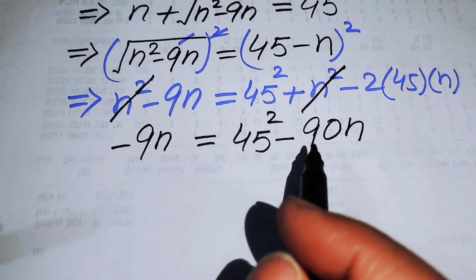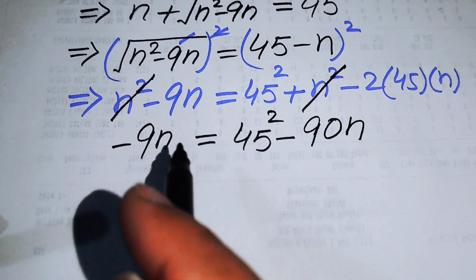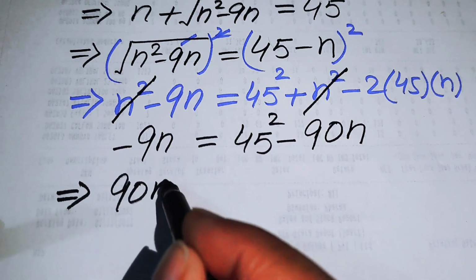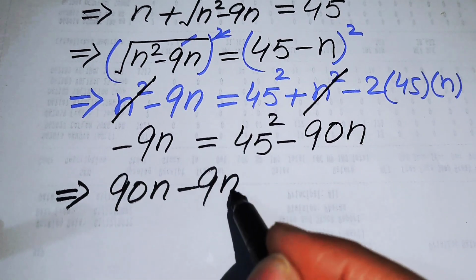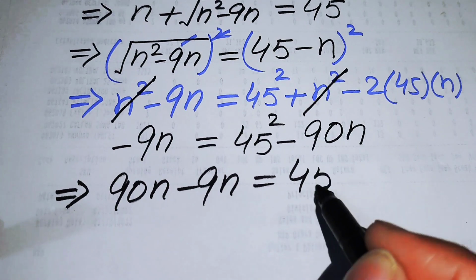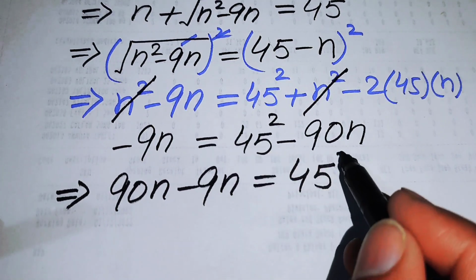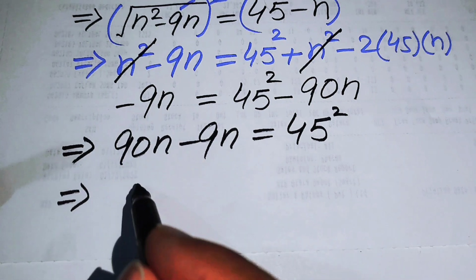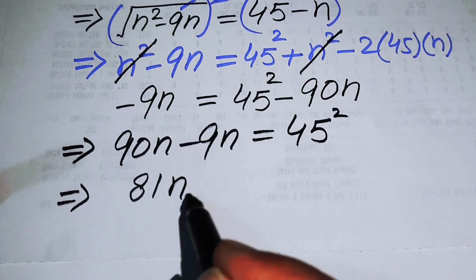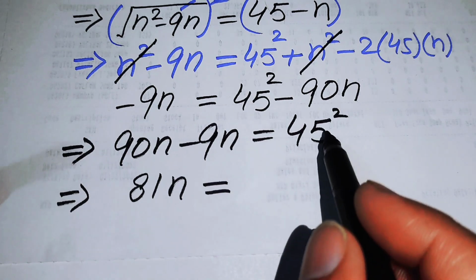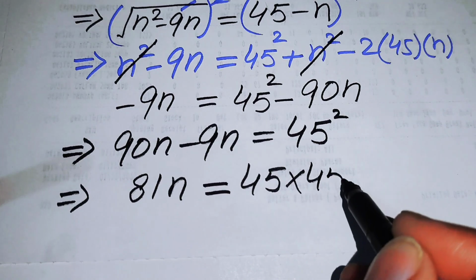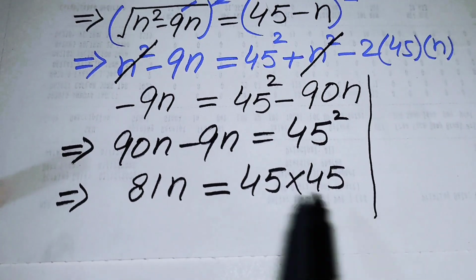So here we move this minus 90 times n to the left hand side, and it becomes 90n minus 9n equals 45 square, and you see that 90n minus 9n equals 81 times n, and we have 45 square and we write it as 45 times 45.